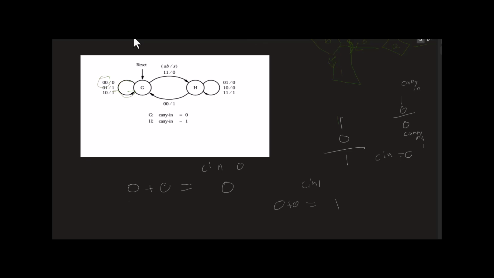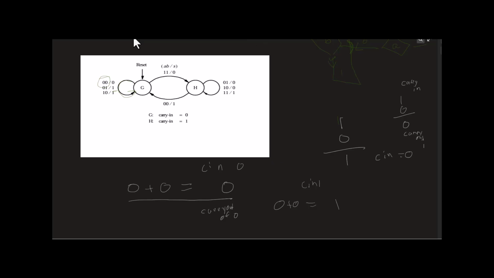So 0 plus 0 has a carry-out of 0, and the sum is 0. The second number here is the sum. And so it goes back to itself.